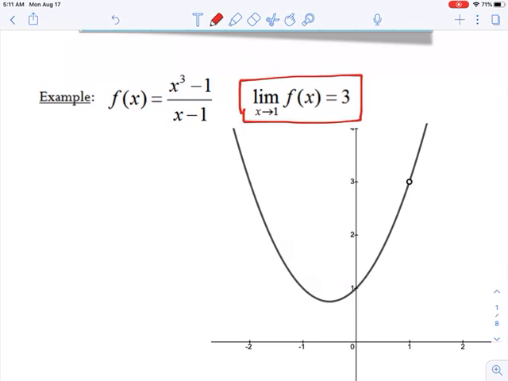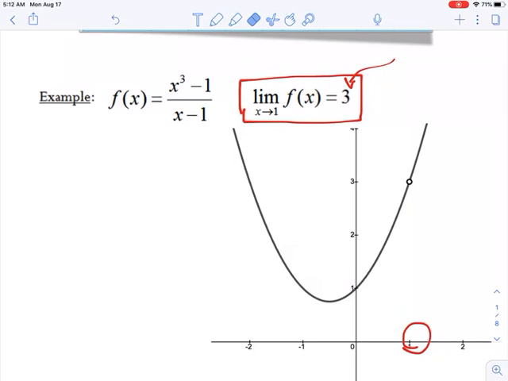What I want you to think about is, if we were to follow the function, here is x is 1. As we come from the right side along the curve, and as we come from the left side along the curve, we are getting closer and closer to that hole. Now I know nothing is there, but our y values are getting closer and closer to that hole, where the hole is at 3.